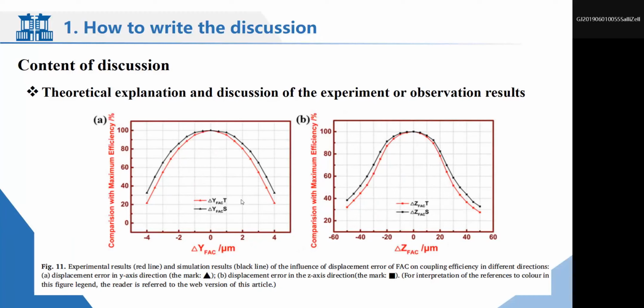But in A, it starts from minus 4 micrometer to 4. In B, it starts from minus 50 to 50. So that is the analytical difference between the two. Analytical similarities: both of them rise, no matter how steady or smooth or fast. They all rise to the 100% efficiency mark at the end of the day. So that is my analysis.